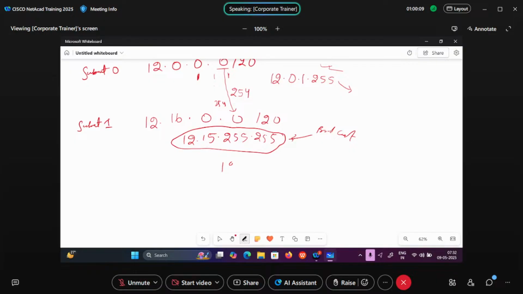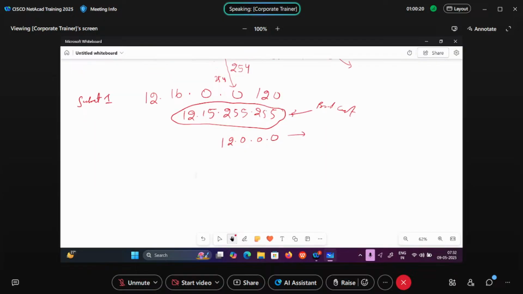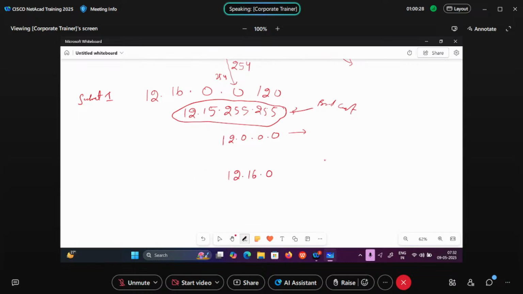That is the network address for my subnetted network, subnet 0. And subnet 1 is 12.16.0.0. My second subnet is 12.16.0.0/20. So before that, what IP is before this subnet? Which is my subnet?